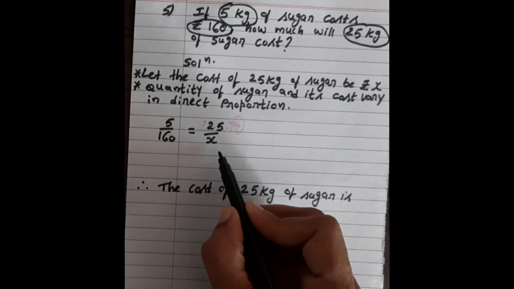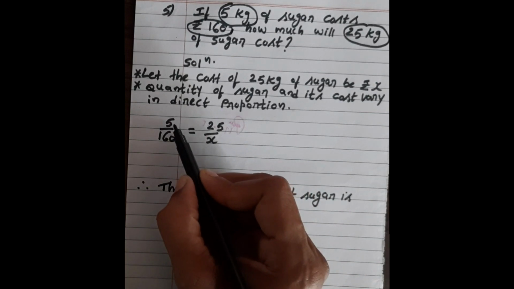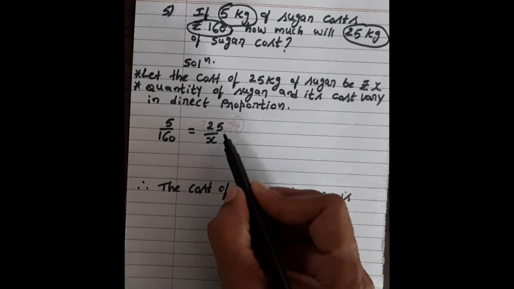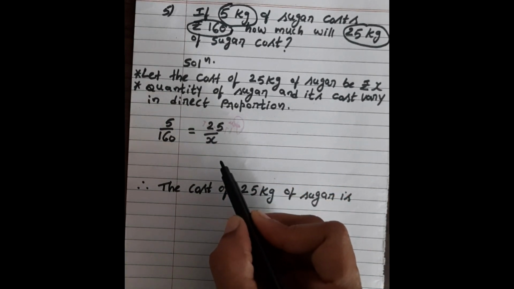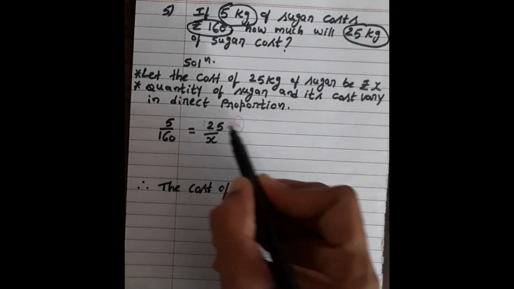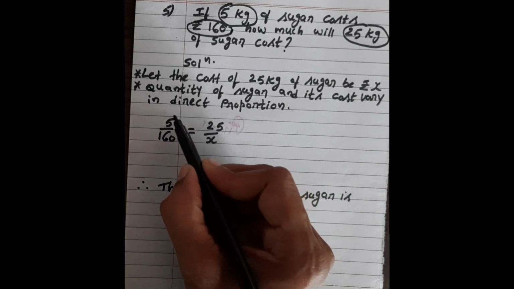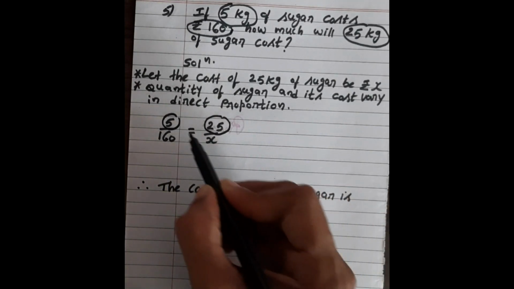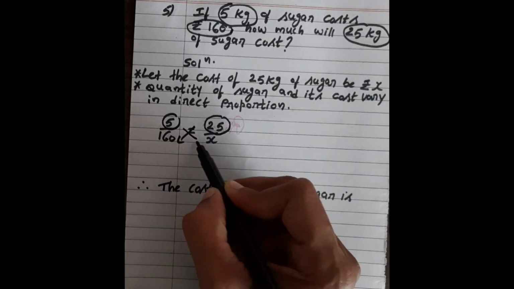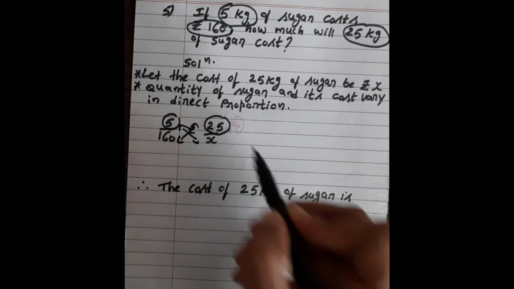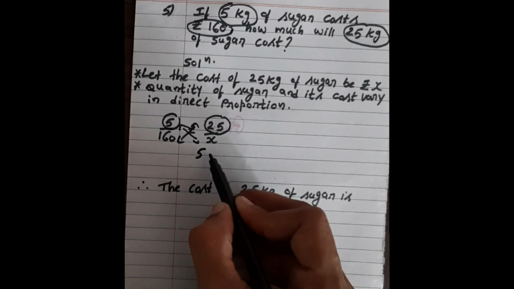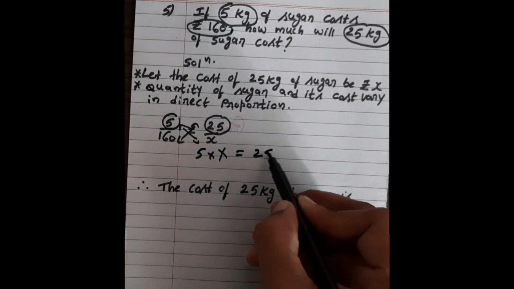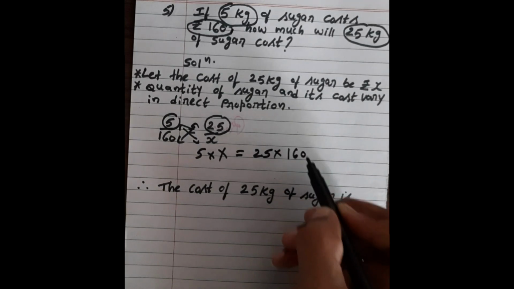And this is in the form of direct proportion because 5 kg sugar cost is 160 rupees means 25 kg sugar cost is more in amount only, because here the number of quantities increased. Number of quantity means this 5 kg and 25 kg. So cross multiplication we will put: 5 into X is equal to 25 into 160.